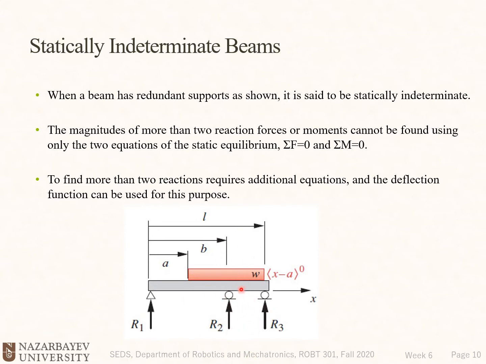So what we need to do, we need to find a deflection function and set it equal to 0 at the extra support, and that equation will be our third equation.